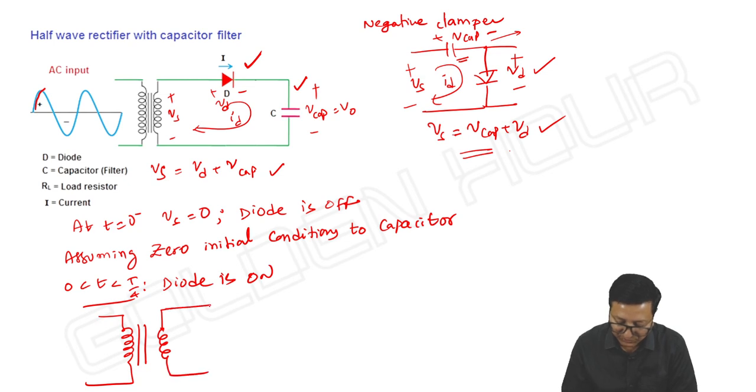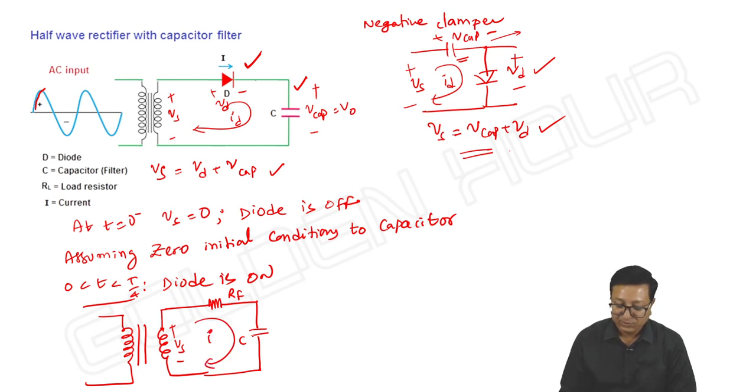Practically it offers a smaller resistance Rf, and the current will be flowing like this. So here what happens? The capacitor starts charging towards Vs with a time constant Rf into C rapidly.